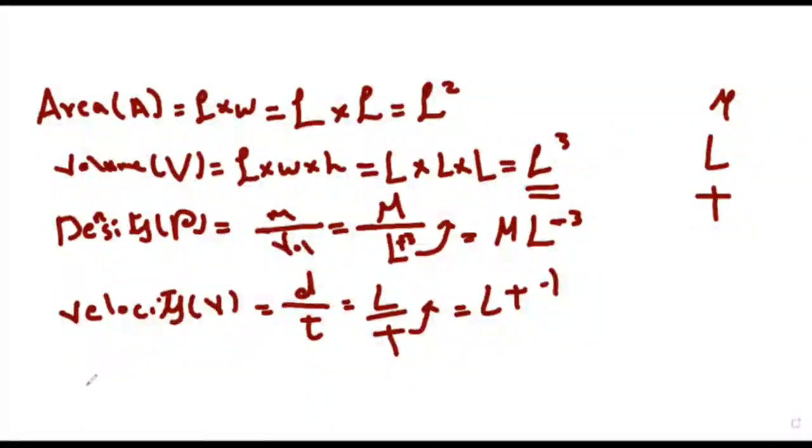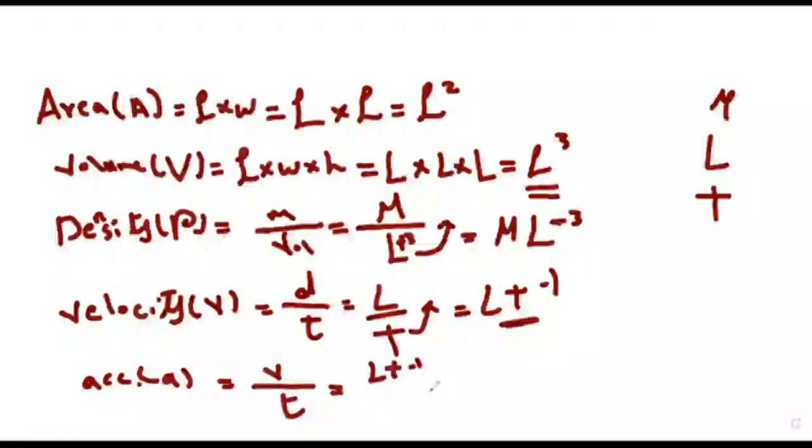What about acceleration? Acceleration is denoted by A small and equals velocity over time. What's the dimensional formula of velocity? We studied it now: L T power -1 over T capital. We need to raise it up, so it equals L T power -2.